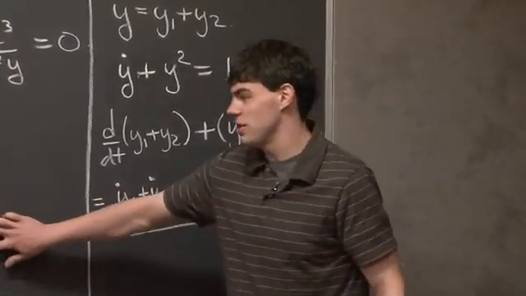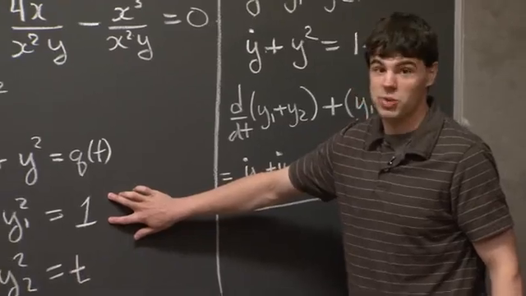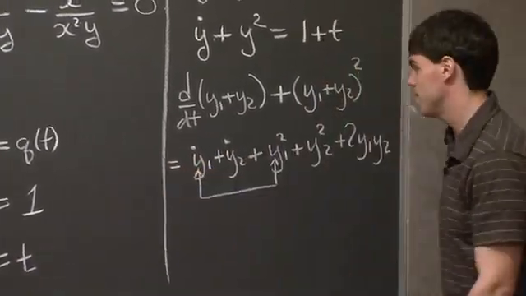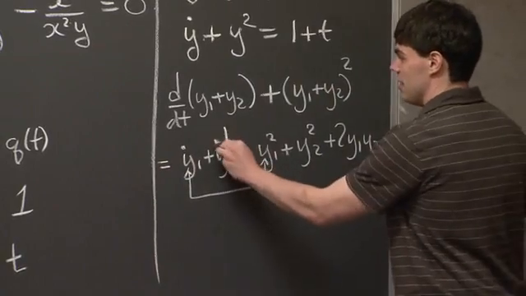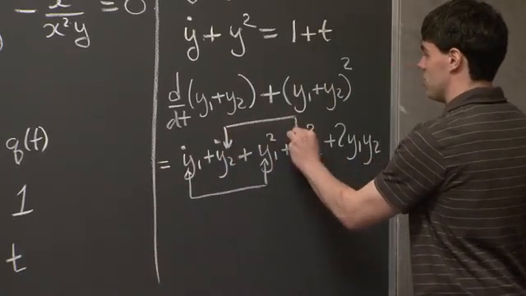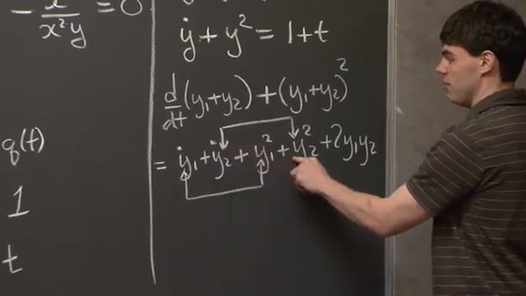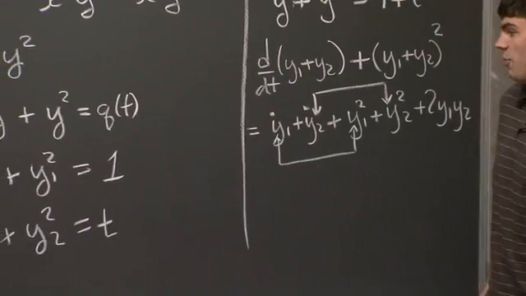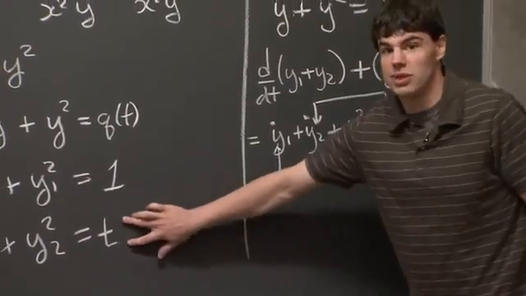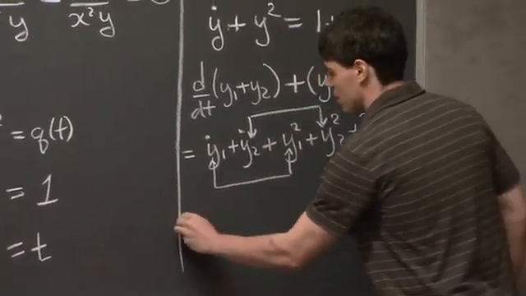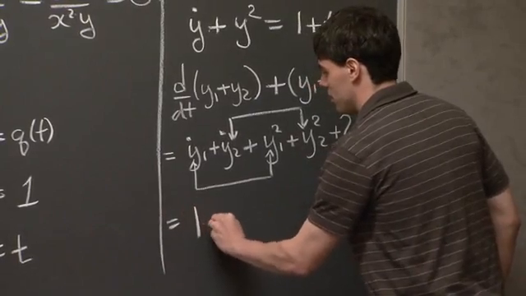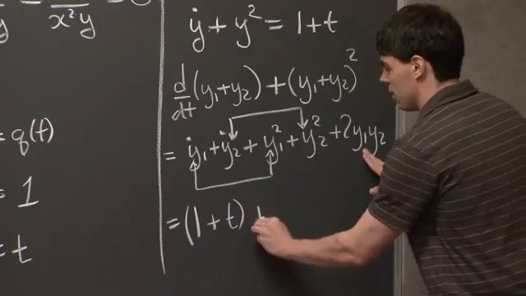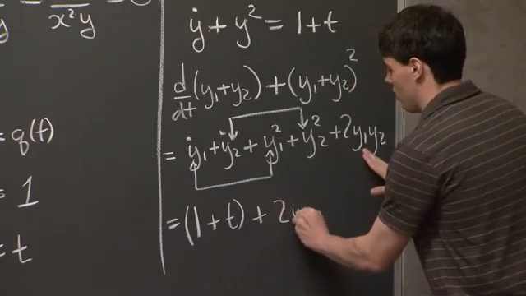And by construction, y1 dot plus y1 squared is equal to 1, because I assumed that it satisfied this differential equation. And then, in addition, by construction, y2 dot plus y2 squared satisfies the right-hand side of the second equation with t. So I get 1 plus t, but I'm left over with this other piece, 2y1 y2.